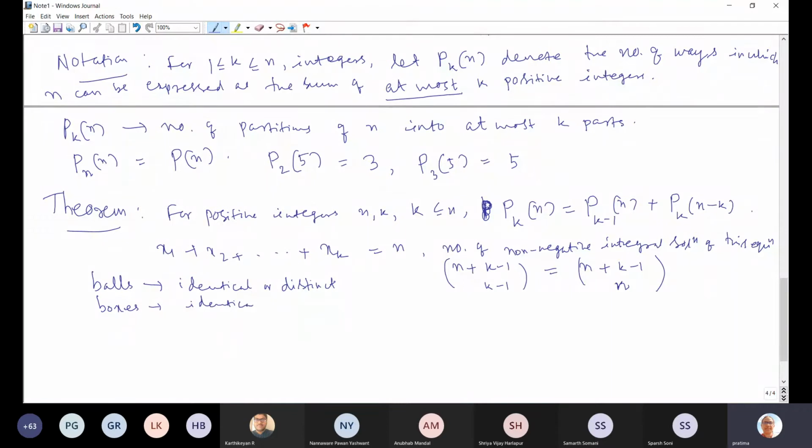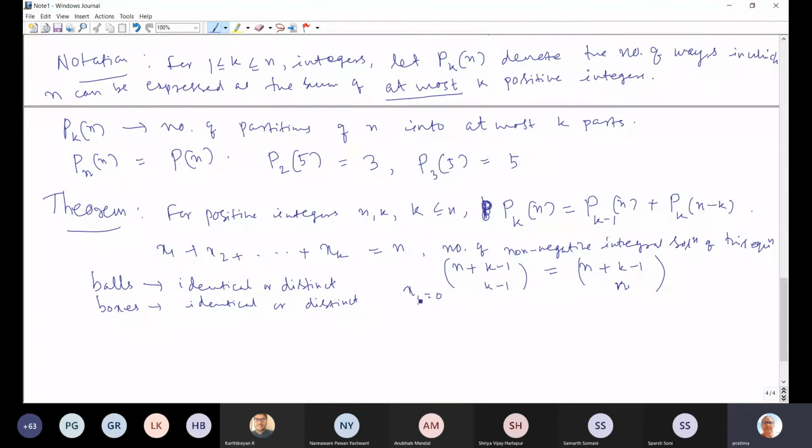or distinct. Another question is whether these numbers are positive integers, that is, whether we are considering all positive or non-negative. If we consider them non-negative, some variable, say x1, may be equal to 0.